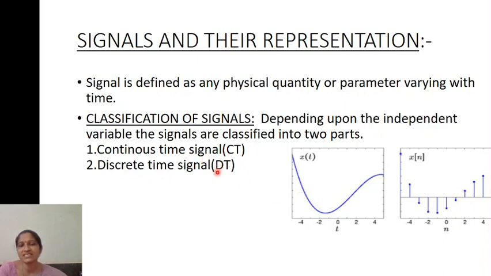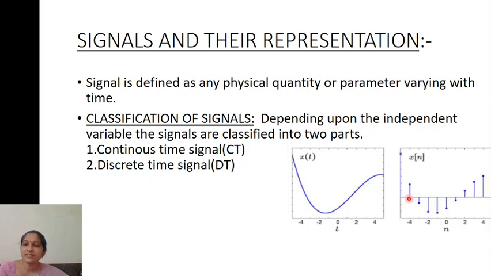And coming to the discrete time signal. Here x of n is the variable and n is taken on the x-axis. This x of n is the variable which is varying, not with time, but with the variable n.